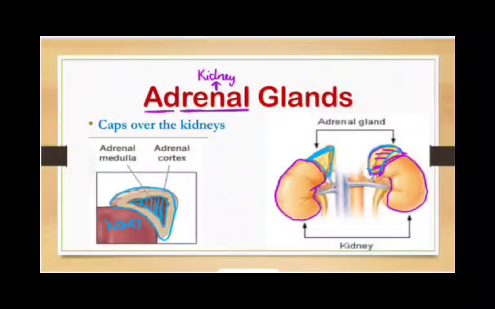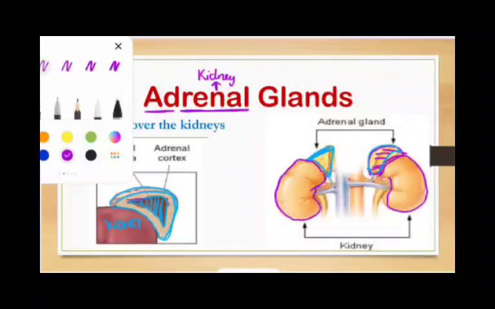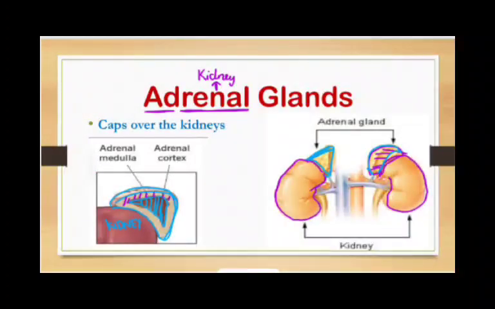Here we are talking about the kidney. So the inner portion is known as the adrenal medulla, and this outer covering, I'll color it with another color, the part in purple, is known as the adrenal cortex.